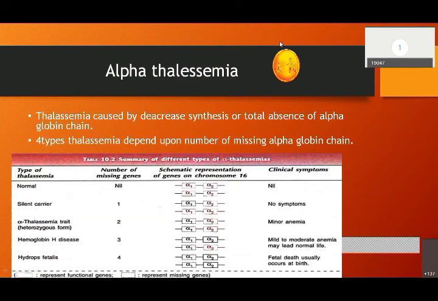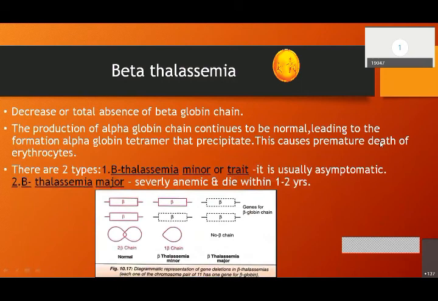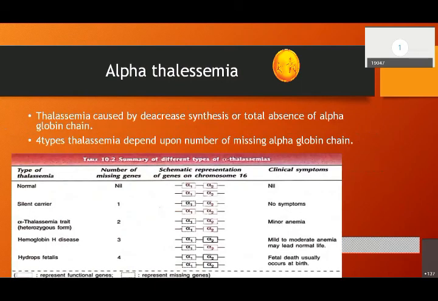The third is hemoglobin H disease. In this, 3 alpha genes are missing, which leads to mild to moderate anemia, but they lead a normal life. And the last, which is more serious, is hydrops fetalis. In this, all 4 genes are missing, which leads to death within 1 to 2 years. The next is beta thalassemia.